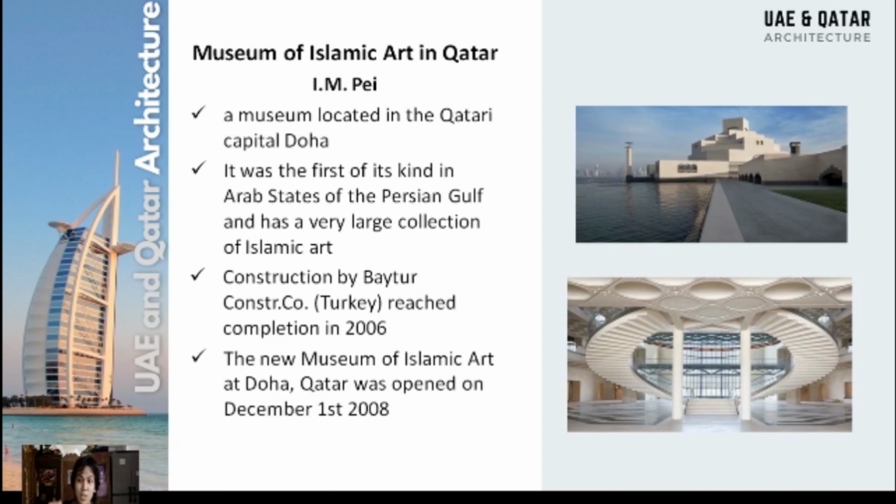Here it is, the Museum of Islamic Art in Qatar, designed by I. M. Pei. It is a museum located in the Qatari capital Doha. It was the first of its kind in the Arab states of the Persian Gulf and has a very large collection of Islamic art. The new Museum of Islamic Art in Doha, Qatar was opened on December 1st, 2008.